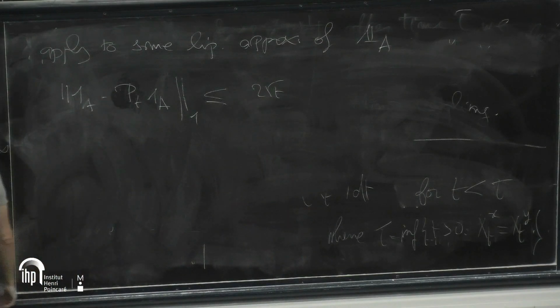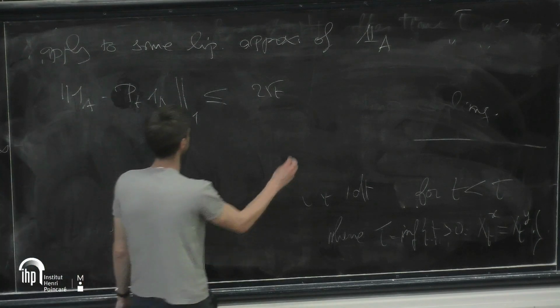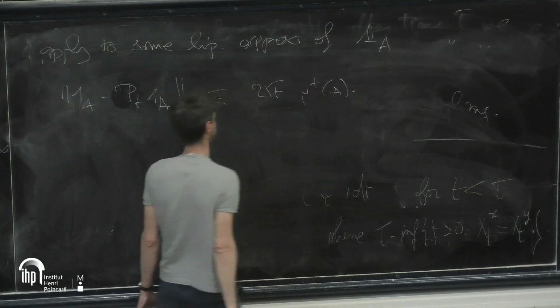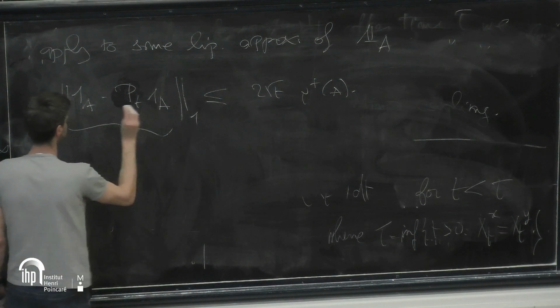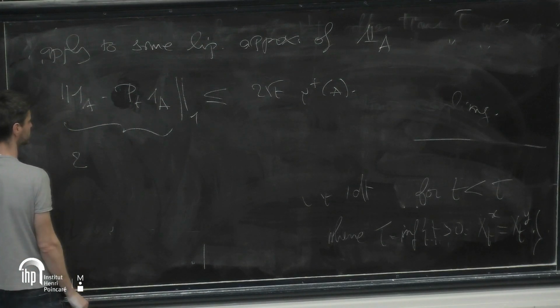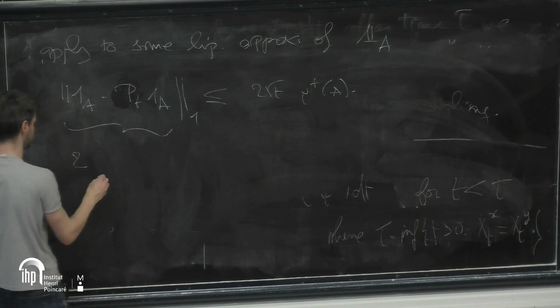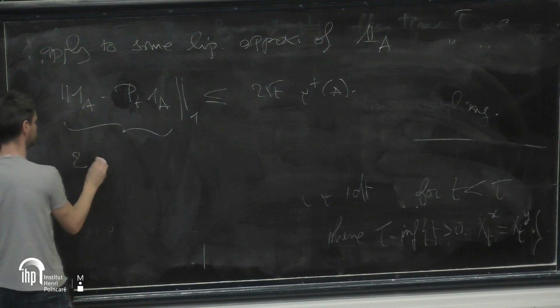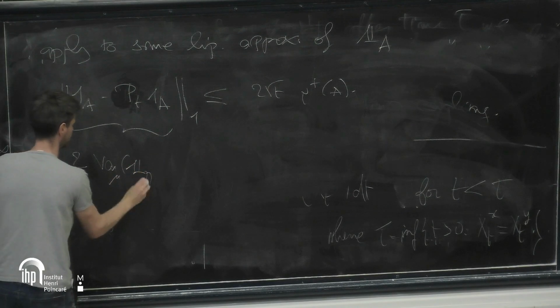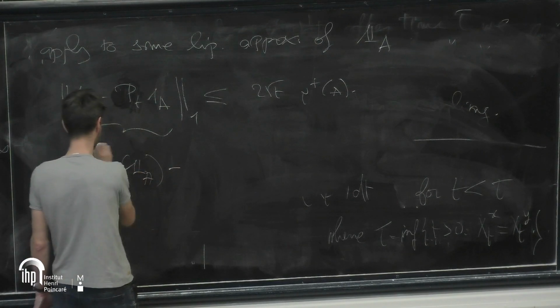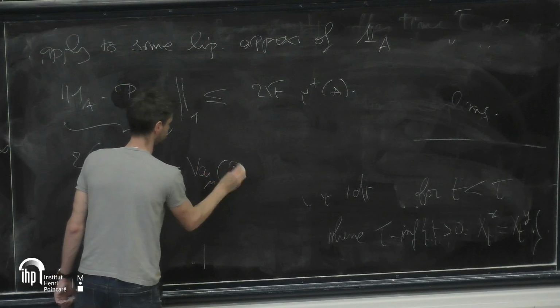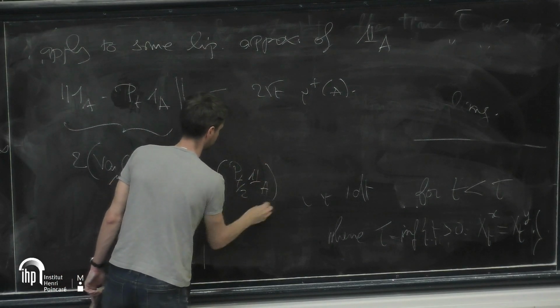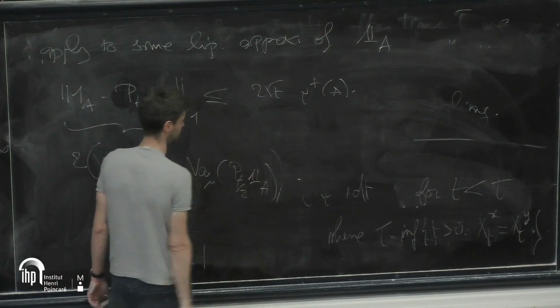So basically the L1 norm of the gradient of the Lipschitz approximation will converge to the measure of the perimeter. You can massage this, and you have to use the fact that PT is self-adjoint again. I'll spare the details, but this is the same as twice the variance of 1A minus the variance of P of T over 2, 1A. Hence the result.